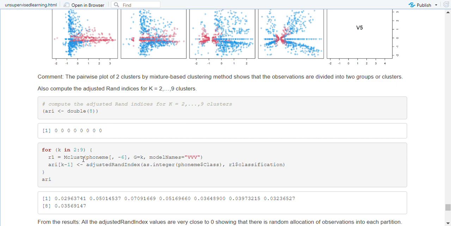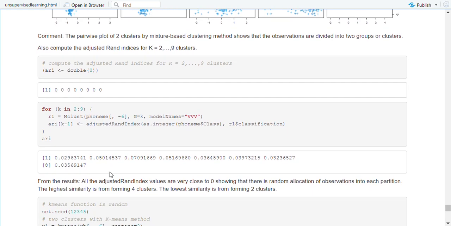For k in 2 to 9, curly braces, R1 equal Mclust of the data, removing the last column, which is the class column, G equal k, modelNames equal VVV, and array, the place value k minus 1, equal adjustedRandIndex of as.integer of data at class, comma, R1 at classification. So this is the similarity measurement. And printing array, we get this.